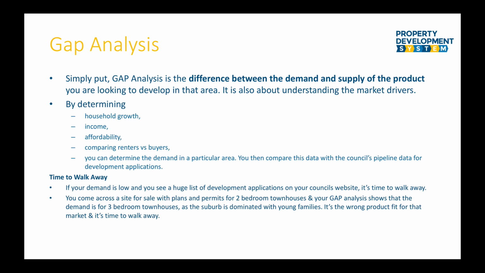For example, the one that I deal with, it's Kingston City Council, and the website would not show me a full list of all the applications. But if I put in a town planning application number in there, it'll show me the details, which doesn't really solve my purpose, and that's why I've got to use a third-party service called Cordell that shows me all the development applications that are in there.